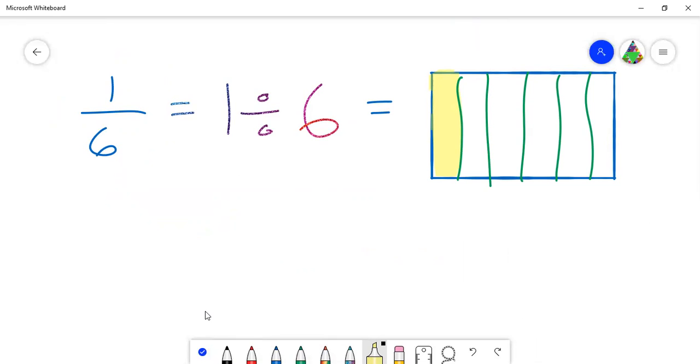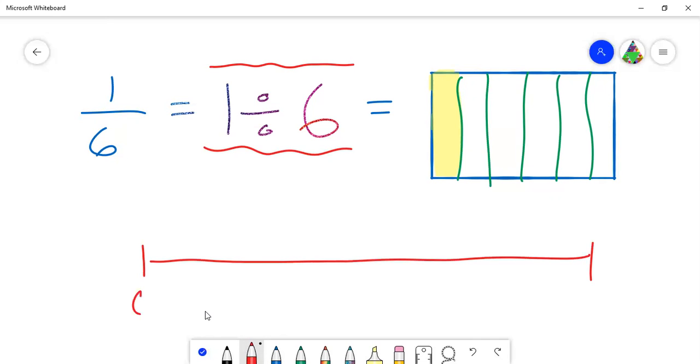If we go back to what this says, we're taking 1. So I'm going to draw a number line that only goes to the number 1. And we're dividing it, or cutting it, into 6 parts, which now you can see I have 6 parts. 1 part, 2 parts, 3 parts, 4 parts, 5 parts, 6 parts.